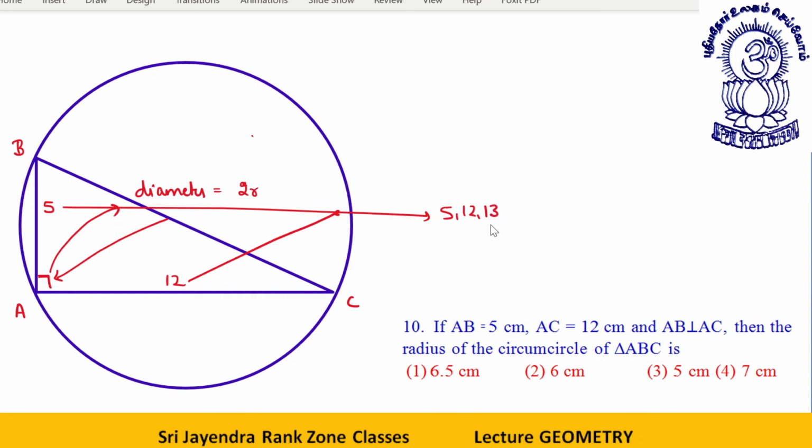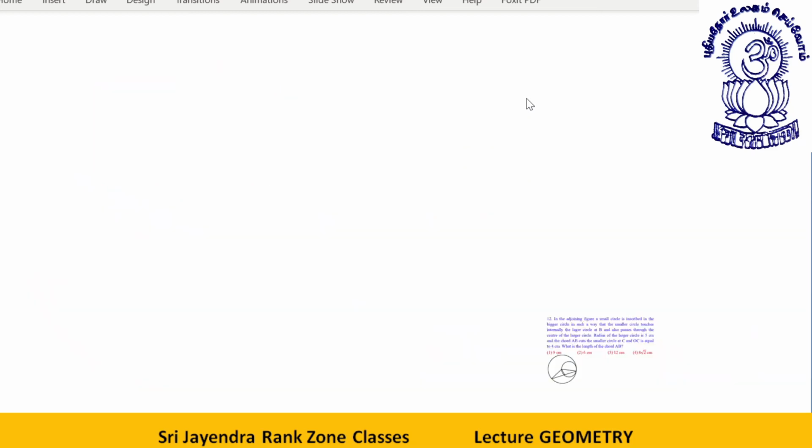Therefore, this diameter is equal to 13. Okay, 2r is equal to 13. This implies r is equal to 13 by 2. I'm sure it is clear to all of you. Okay, let's move ahead. Let us take the next question.